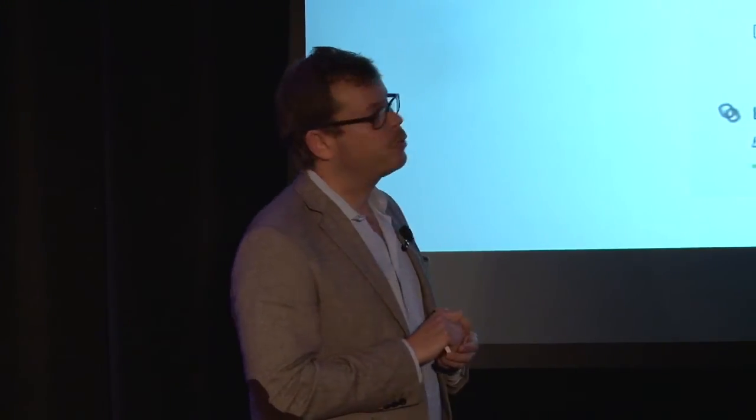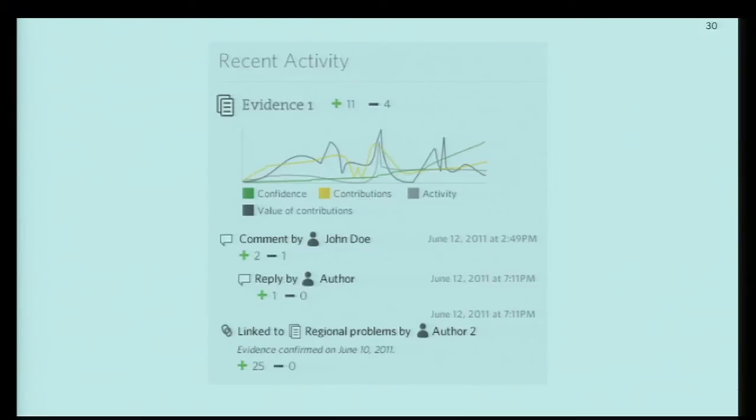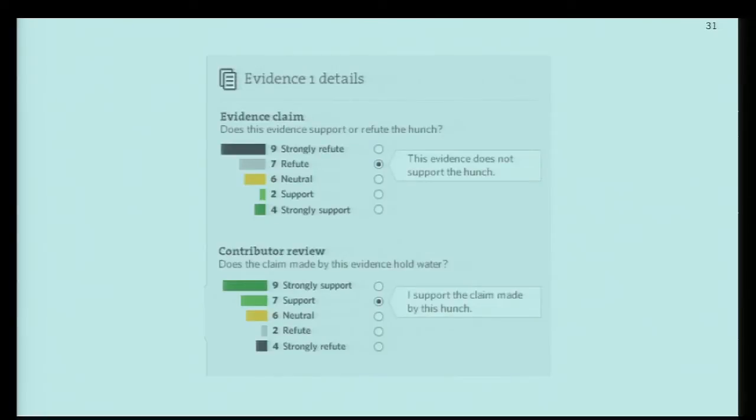In terms of the metrics, in building trust in the system and being able to track the value of contributions and the value of the conversation, you need to be able to see who's contributing what and what the level of interaction and discussion is around a hunch. We also recognize that it's not good enough to have an up or down voting mechanism.